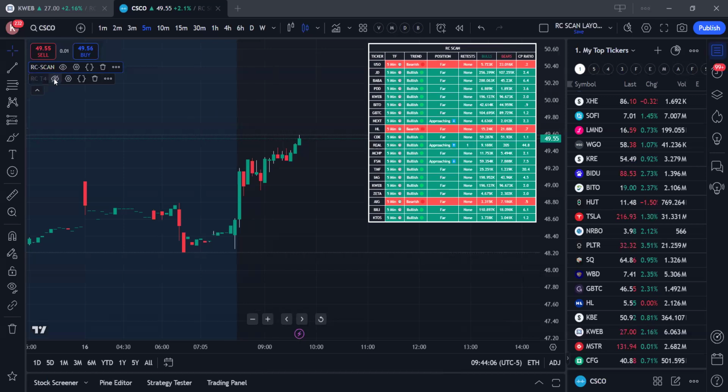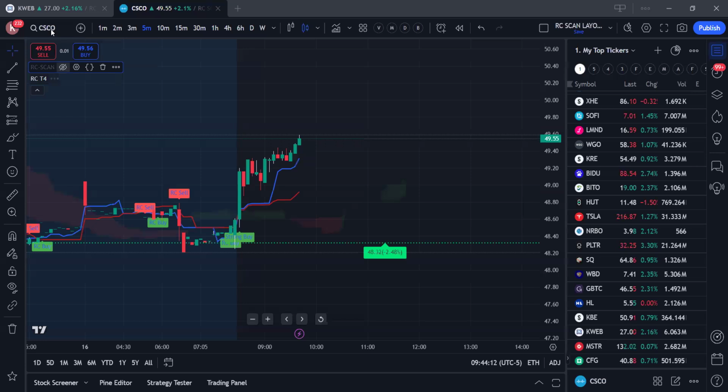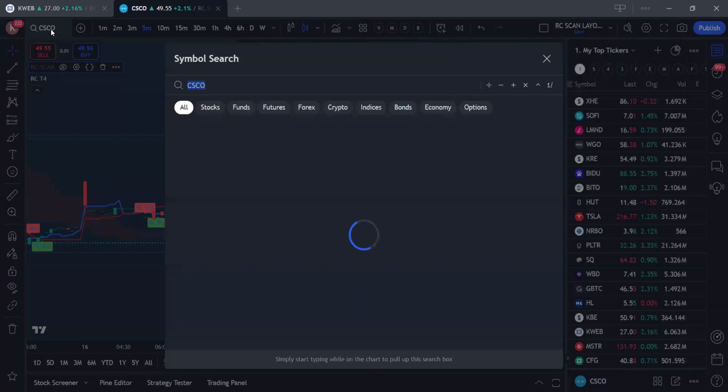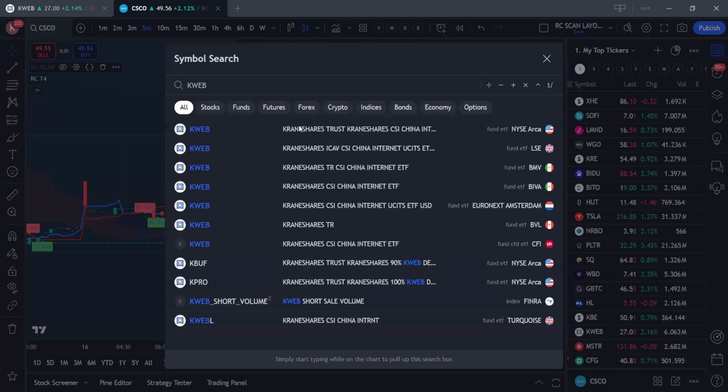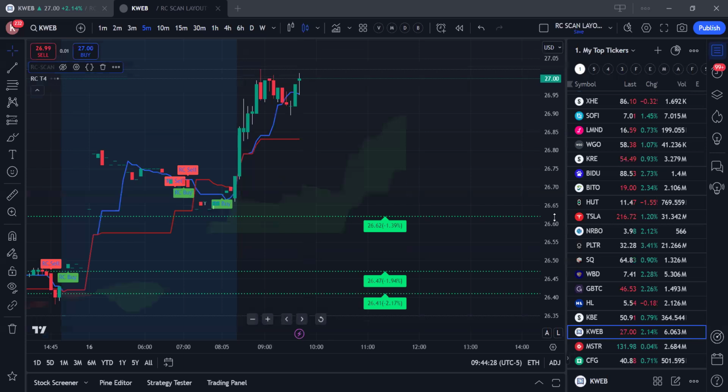We have another indicator, which is like a T4, right? Again, if you want more and more confidence, if you're a low risk trader and you want to enter the perfect setups.